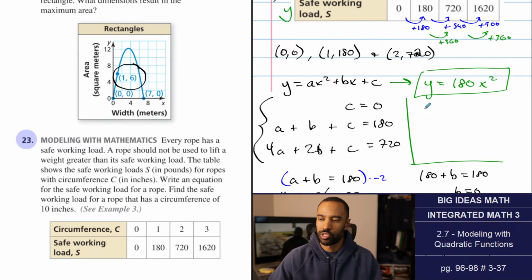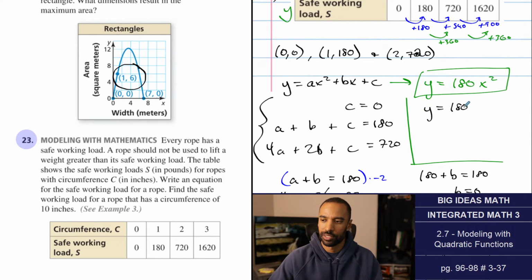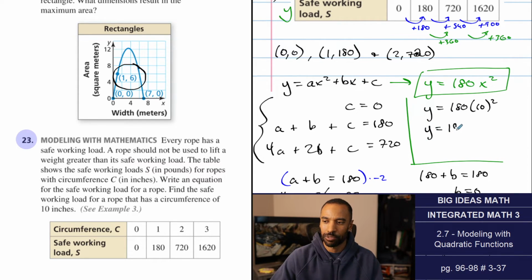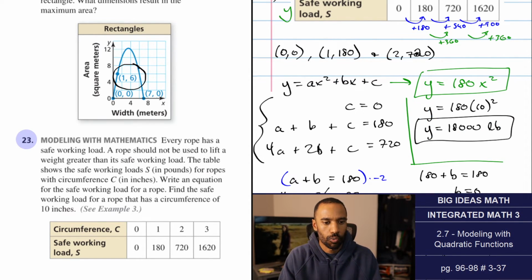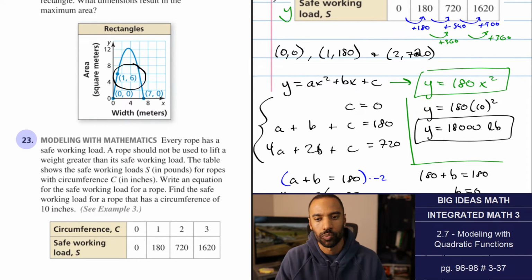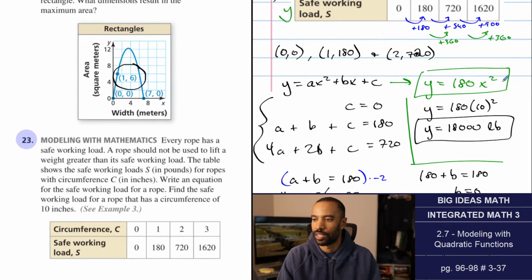So what I'm going to do is substitute 10 for x, the circumference, and get the safe working load in pounds. 10 squared is 100. 100 times 180 is 18,000. So 18,000 pounds is a safe working load for a 10-inch circumference rope. Seems like a pretty big rope, and it's good that it can hold that amount, which is what I'm going for at least. That's the answer. I should put lbs rather.